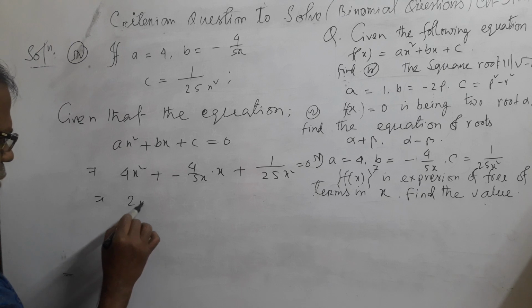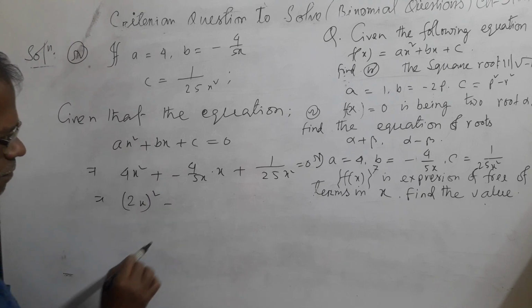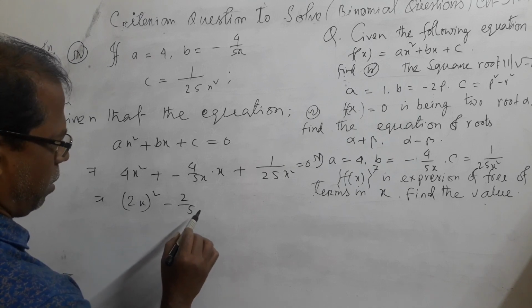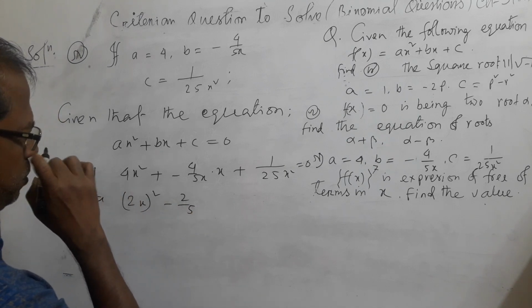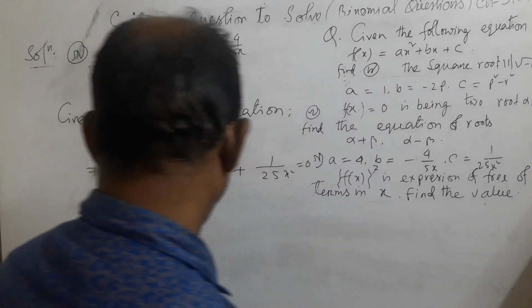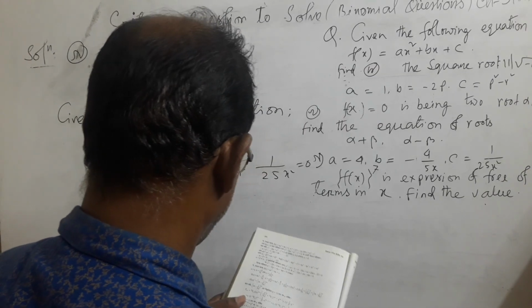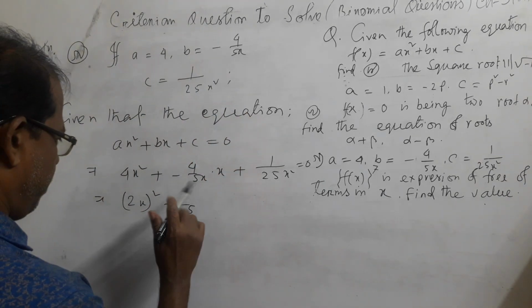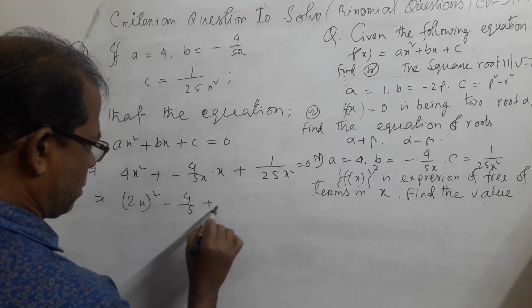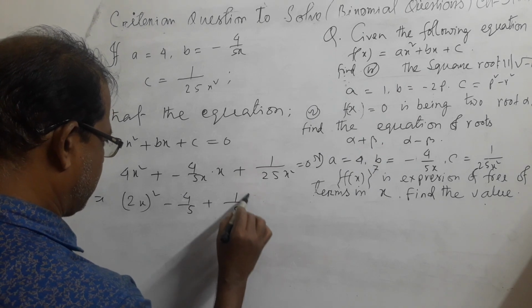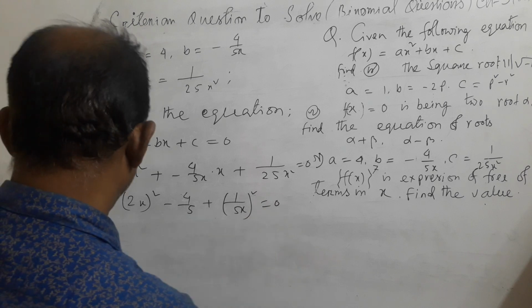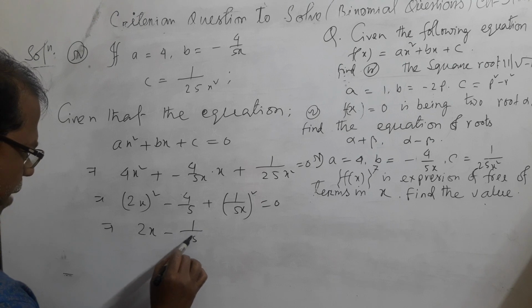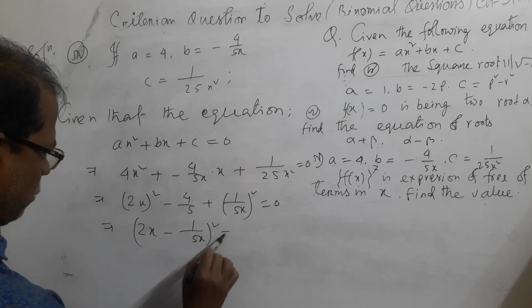That's why (2x) whole square minus 4 by 5 plus 1 by 5 x star whole square equal 0. That's why (2x minus 1 by 5x) whole square is equal to 0.